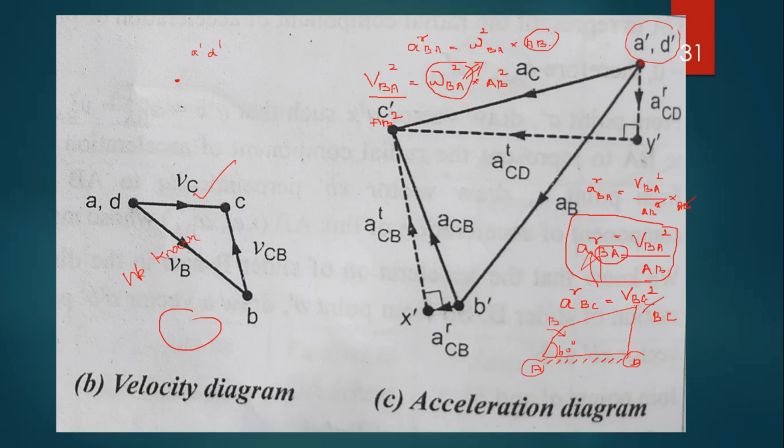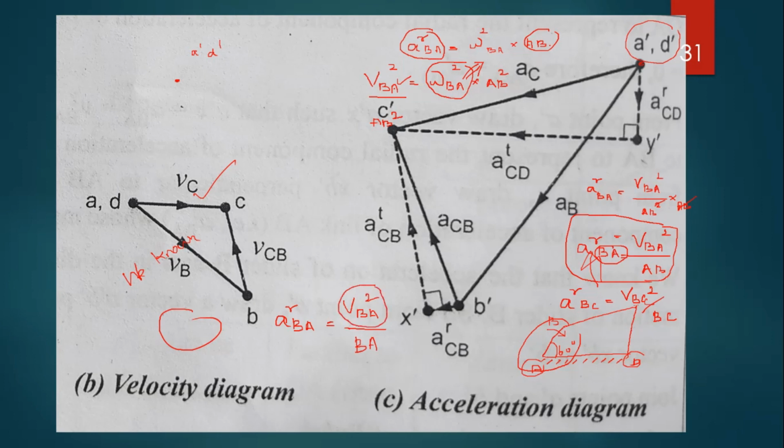Understood? Now first we have to calculate for the input link BA. Acceleration of radial component of BA is equal to velocity of BA squared divided by AB.